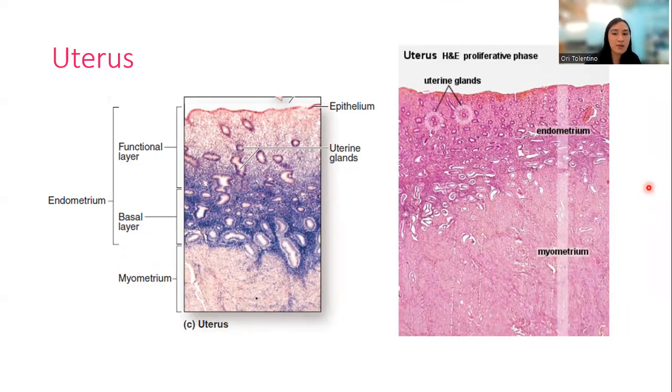So when I ask the type of muscle inside your myometrium, what is the answer? It is smooth muscle. When I say identify this organ, and you see endometrium and myometrium, know already this is the uterus. Again, what is the type of muscle cell in the myometrium? It is smooth muscle. Remember that, because I might ask that in the examination.